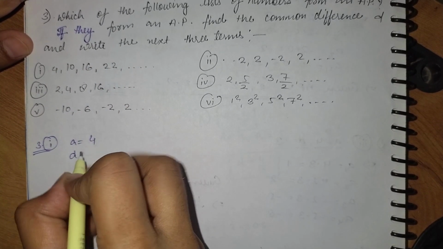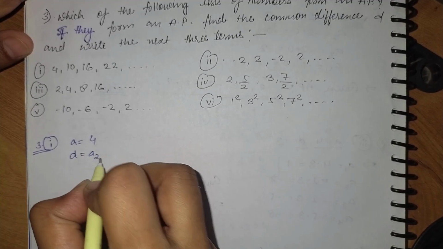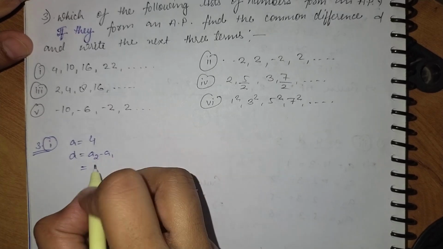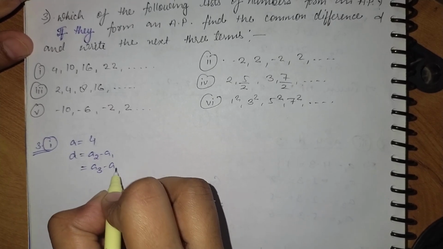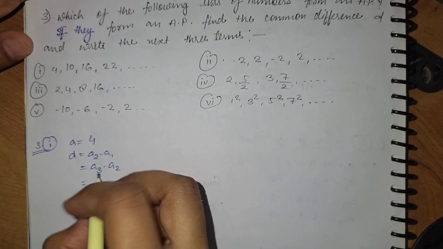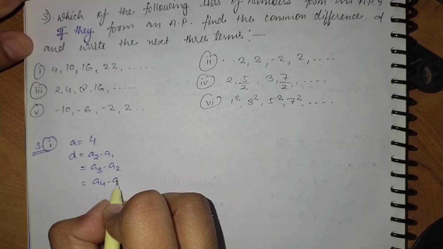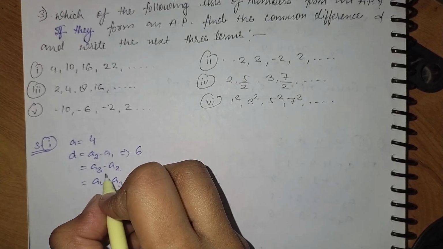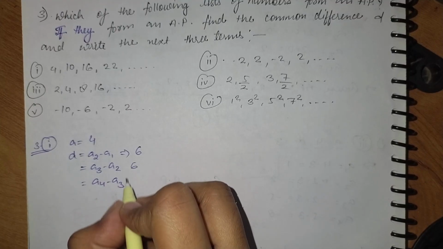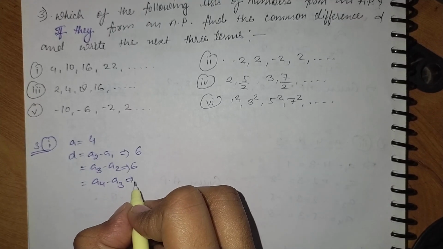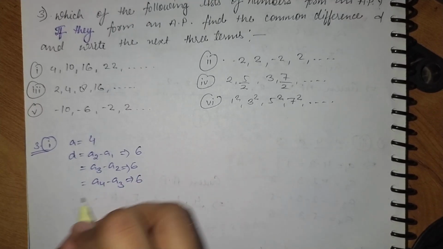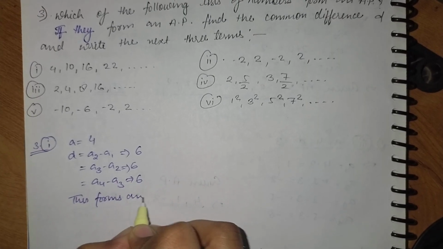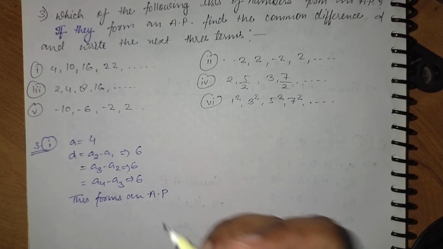So here we can write D should be equal to A2 minus A1, and that should be equal to A3 minus A2, and that should be equal to A4 minus A3. So A2 minus A1 is 6, here also A3 minus A2 is 6, and A4 minus A3 is also 6. Hence this forms an AP because common difference is fixed.